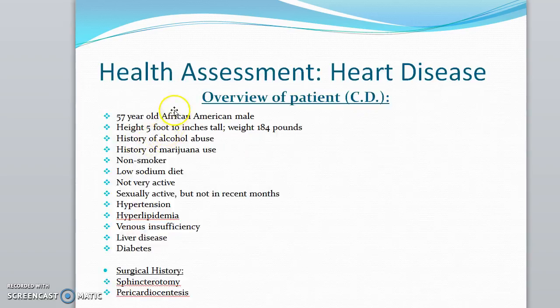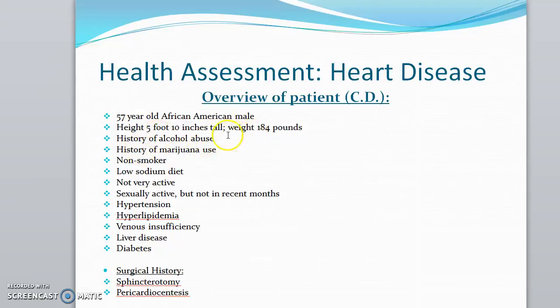The first slide I'm going to talk about is the health assessment topic on heart disease. It's the overview of the patient. As you can see, only the initials are used here, not the actual name of the patient. But this assessment was performed on a real patient, and this information is correct. He is a 70-year-old African American male.